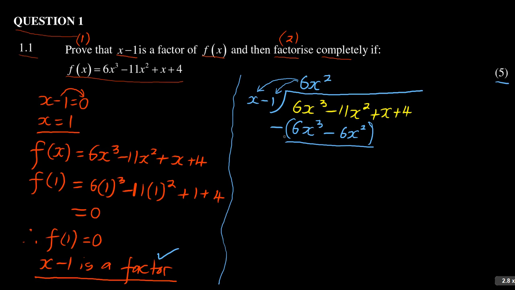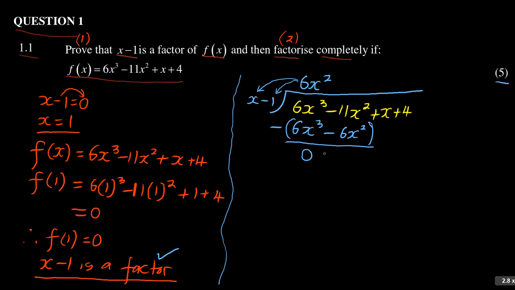So now we are going to subtract. In this case, I'm subtracting 6x cubed minus 6x cubed, and the next one, negative 11x squared minus 6x squared. The first one must always give you a 0, which is 6x cubed minus 6x cubed.